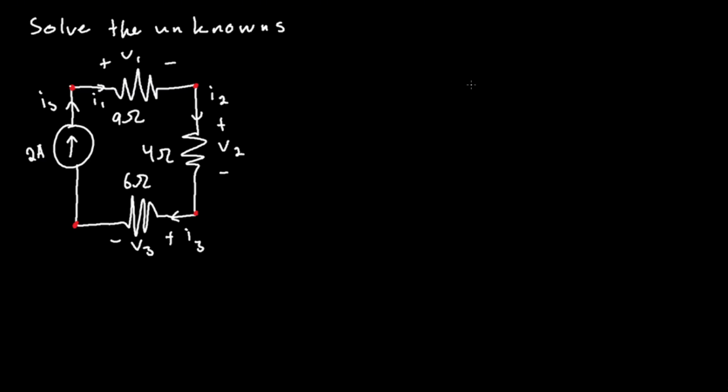Since there's a node here, and nodes are connection points between elements, this current source is an element and this resistor is an element, so this is a node, and there are nodes on every single corner. If we use KCL on each of the nodes, remember, KCL says current into the node is equal to current out of the node. There's only one current going in, and only one current going out. Therefore I of S is equal to I of 1.